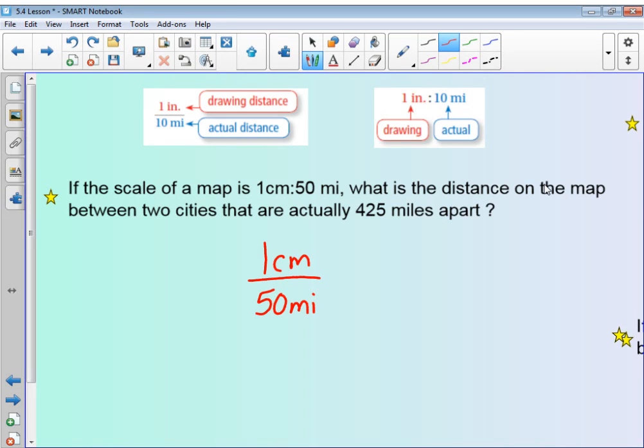Well, my 425 miles is going to go on the bottom, because that's the actual distance. That's my mile labels. So now I'm going to cross multiply, divide. So 425 times 1 is 425, divided by 50 gives me 8.5. So I'm going to have to make sure if I'm drawing this on a map that I make them 8.5 centimeters apart.